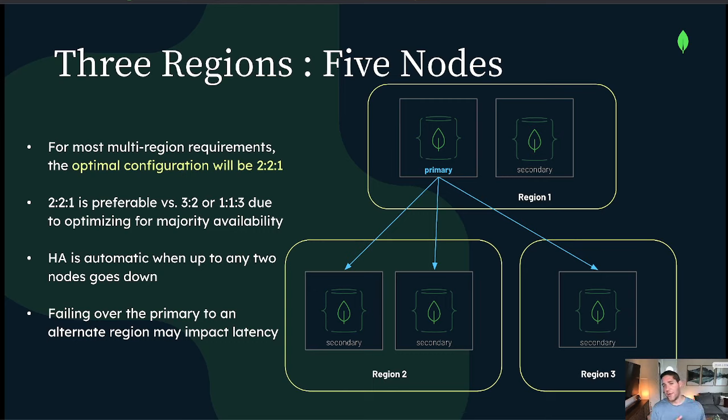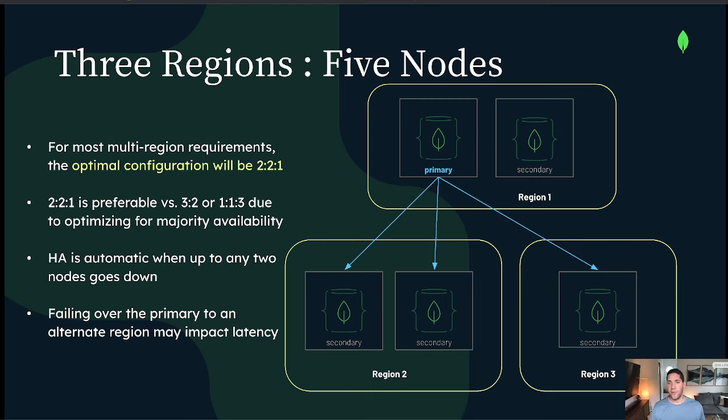So now, again, similar to the last example, the consideration here is, why a 2-2-1 architecture versus maybe a 3-2 or a 1-1-3? In the event of a 3-2, the exact same scenario applies, where if we lose our region with 3 nodes and we only have 2 regions, then we're no longer highly available. We're not protected.